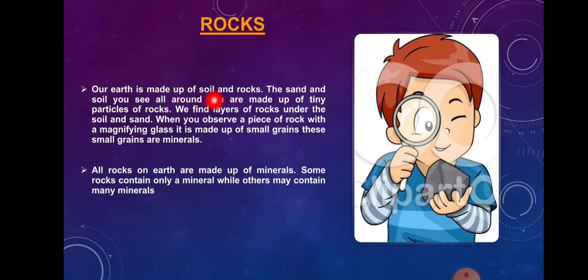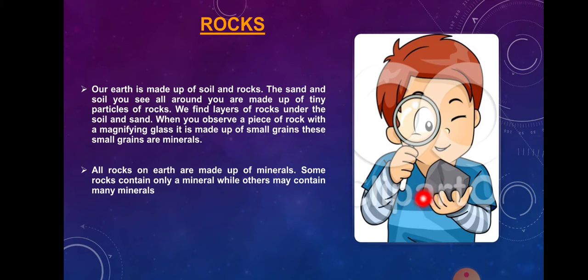Our earth is made up of soil and rocks, you know very well. This we have already discussed. And the sand and soil you see all around you are made up of tiny particles of rock. When these rocks break down due to physical means, like vehicles going over these rocks, they break down and form soil, sand and small gravel.